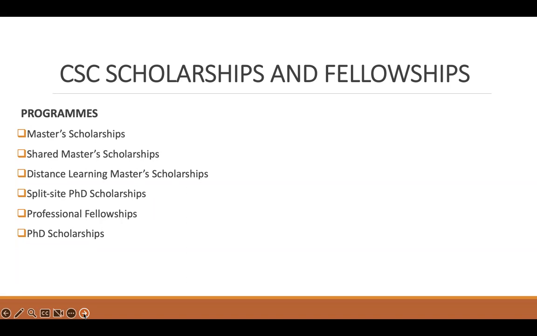For the masters, the nominating body is the FSB for Nigeria, while for the shared, the nominating body is the university itself, the university you intend to apply to. They are the ones to nominate you to the CSC, saying, based on the application this person submitted, we think the person is the right candidate for this scholarship. So that's the main difference between the masters and the shared masters: the nominating body.